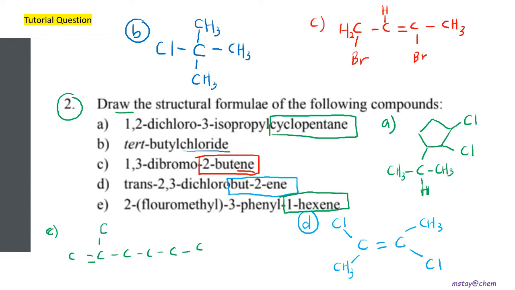In this methyl we will have 1 fluorine, so it will become CH2F instead of CH3, and then 3-phenyl. So phenyl consists of a benzene ring. Then now we can complete with the hydrogen, CH2. So here we have CH, CH2, CH2, and CH3. So these are the structures that we need to draw for question 2.